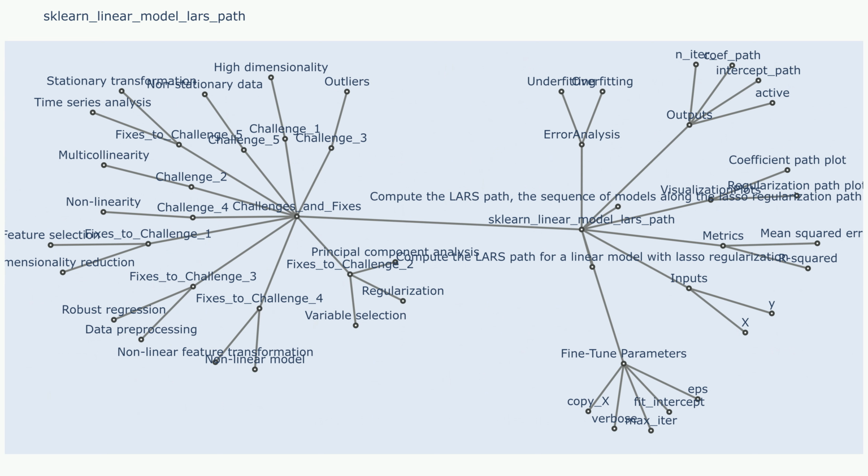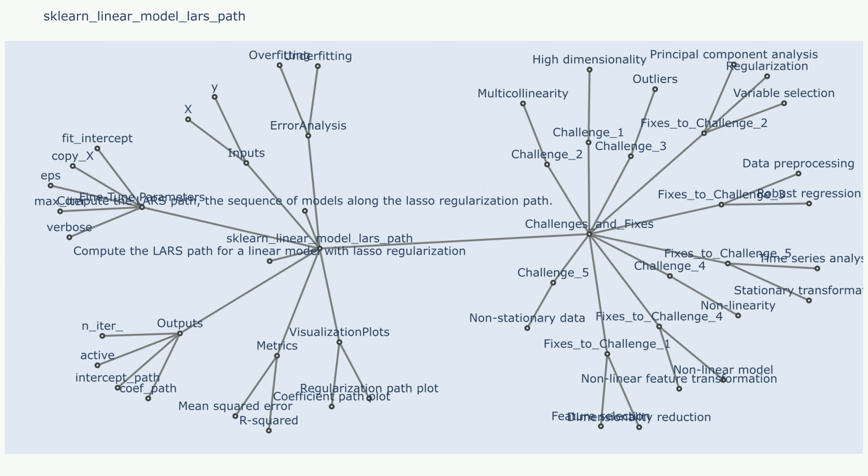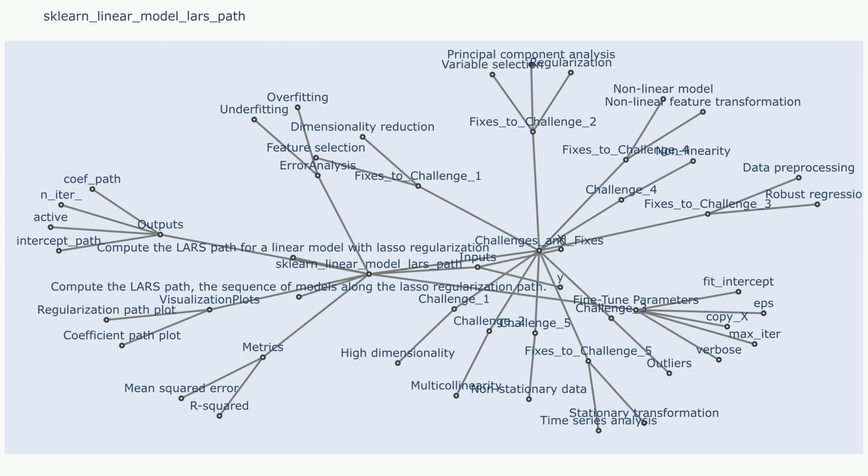Coefficient path plots the coefficient values of all features against the LARS path steps. This visualization shows how the importance of each feature changes as the model progresses. Residual plot plots the residual values against the fitted values. This can help identify patterns in the data and check for heteroscedasticity.